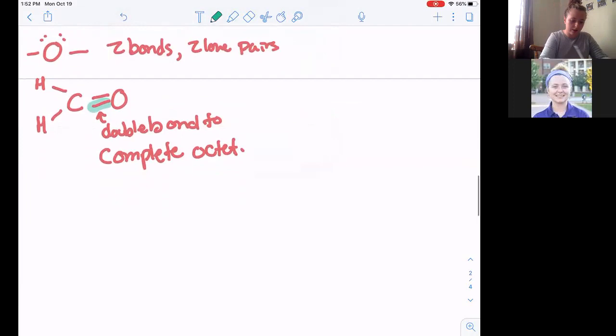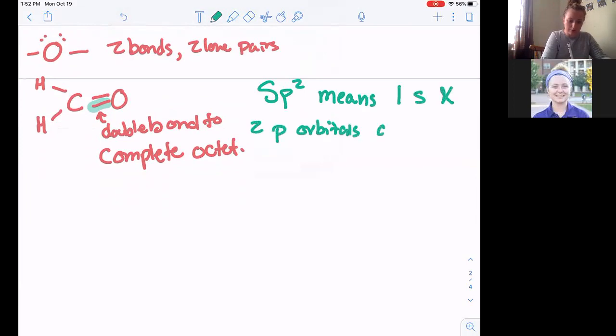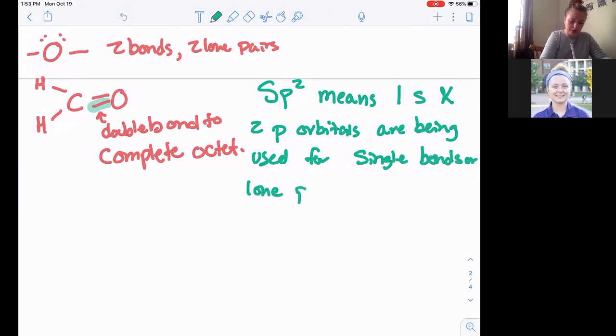What is that? That's sp2. sp2 means 1 s and 2 p orbitals are being used for single bonds or lone pairs.